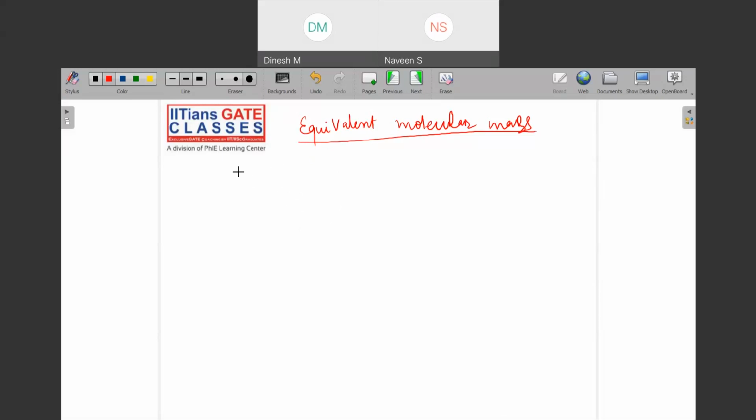So molecular mass is nothing but, we know that the summation of masses is m1 plus m2 till mn, right?